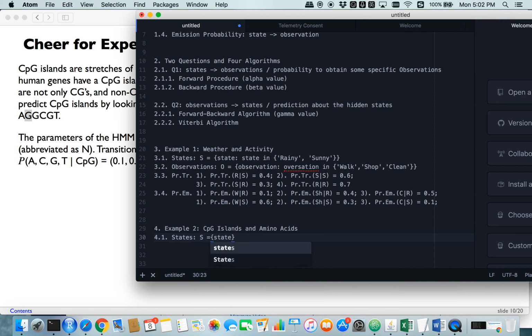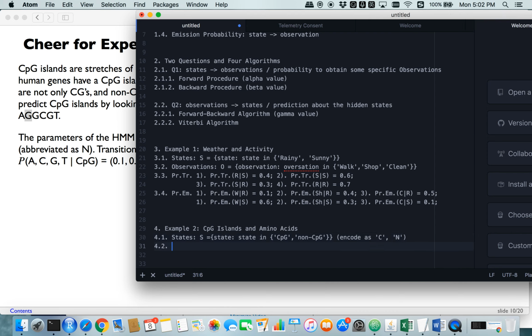It might be whether this specific locus is in a CpG island or non-CpG island. So I would encode them as C for CpG island or N for non-CpG island.